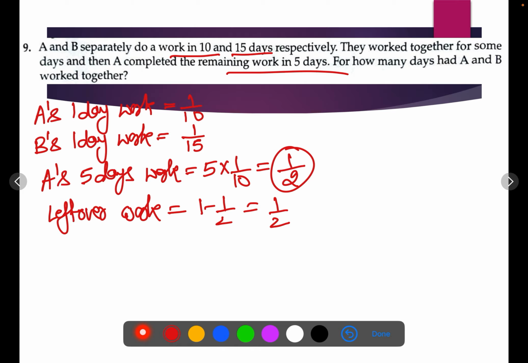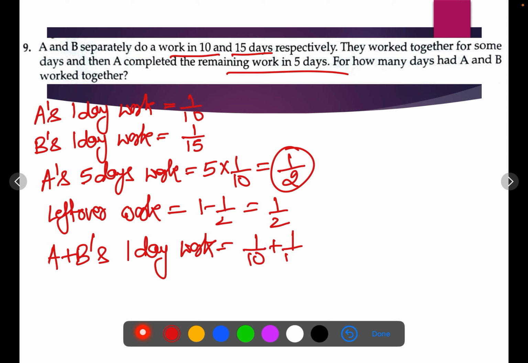Now the leftover work is when they work together. Question is asking how many days they have worked together, right? So A and B together 1 day work is 1 by 10 plus 1 by 15.